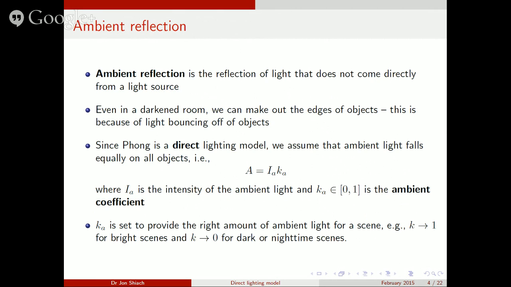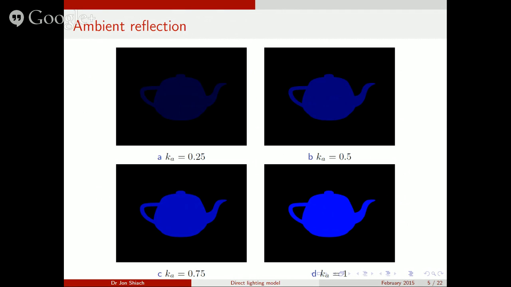Our ambient reflection. In the notes, this doesn't come out very well. What I've done here is draw our 3D teapot using different values for the ambient coefficient. If k_a was 0, this would be a black screen and we couldn't see anything.